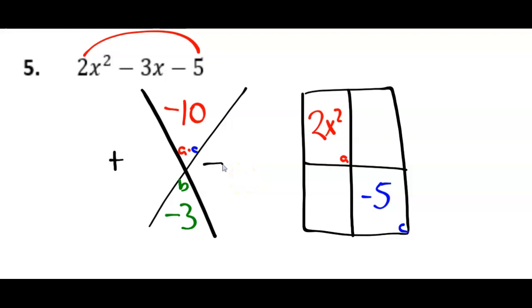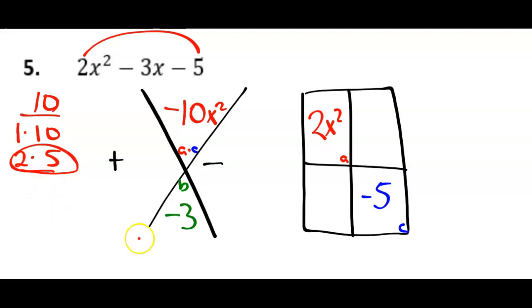So what are my factors of negative 10? Well, 10, and again, here I do want my x squared. Here, I don't so much worry about the x squared, and I also don't worry about the sign, because that's taken care of right here. So what are my factors? I've got 1 times 10, and I've got 2 times 5. Well, 2 times 5 can subtract to 3.